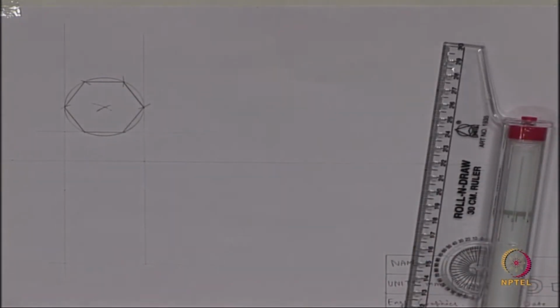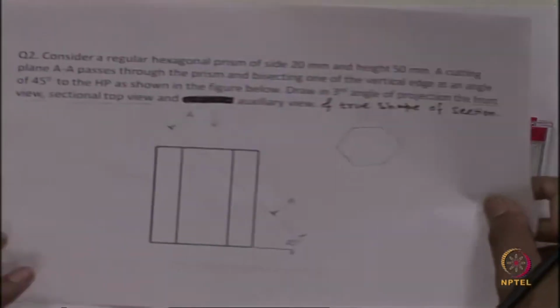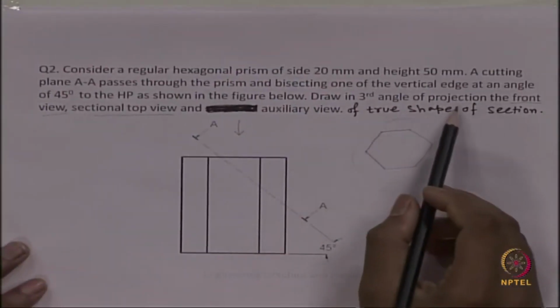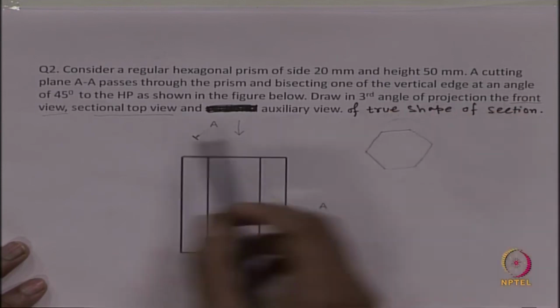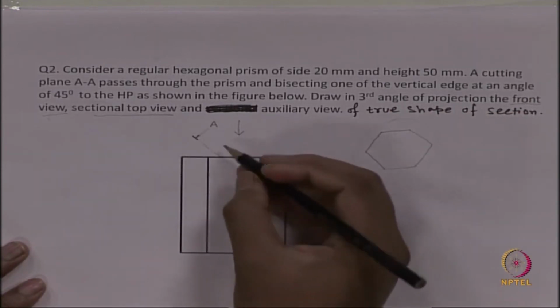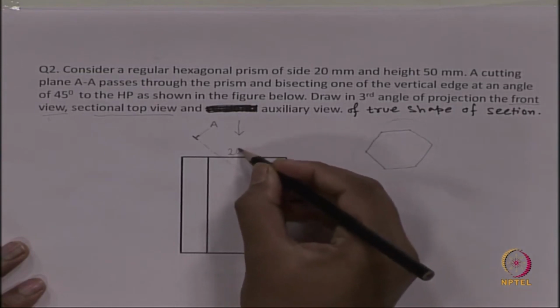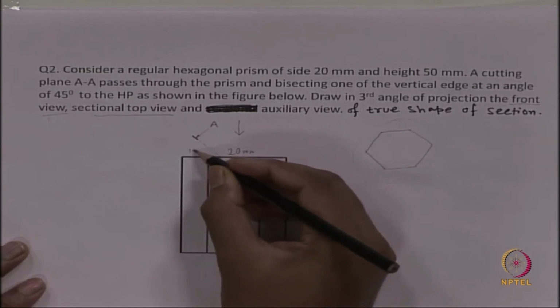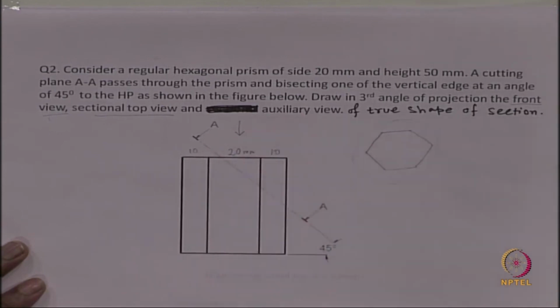If you see the question, the first task is to draw the third angle projection of the front view. We could draw the front view, but in the front view we know this dimension is 20 mm, but we do not know this dimension. Mathematically you can calculate those dimensions, but in our engineering graphics class we will not ask you to do it mathematically, rather we suggest you do it geometrically.